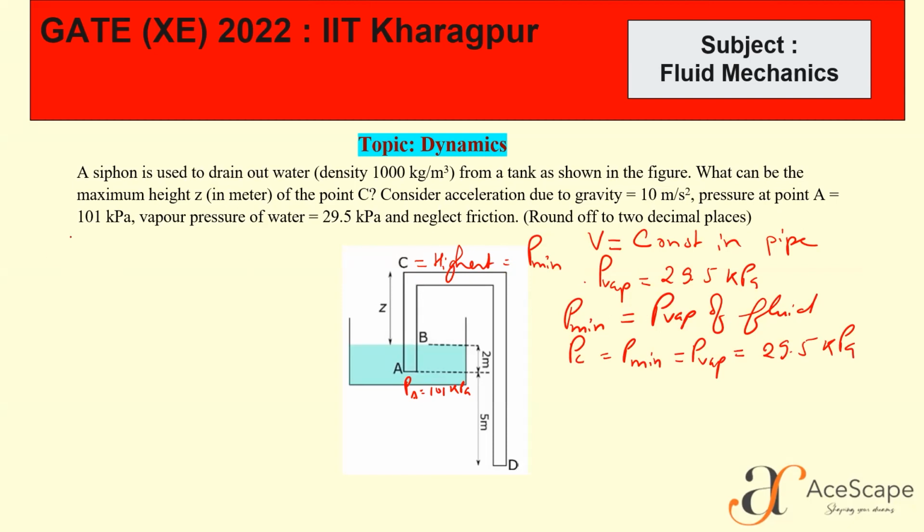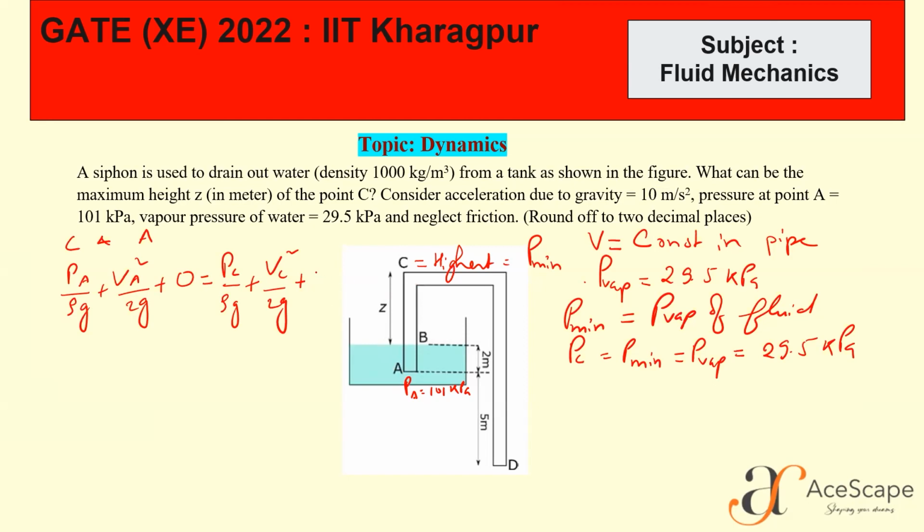Applying the Bernoulli equation between point C and point A, we can write PA by rho g plus VA square by 2g plus datum, we are considering A only, equals PC by rho g plus VC square by 2g plus the height from A to C.